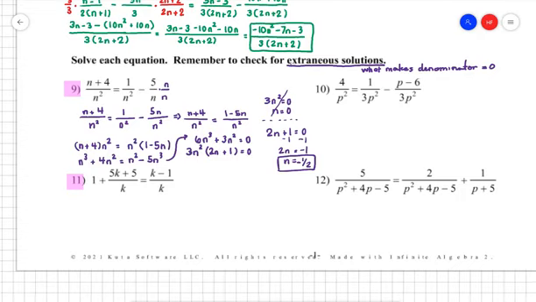Then on number 11, we're going to do this one a different way just so you can see two different ways of working it.